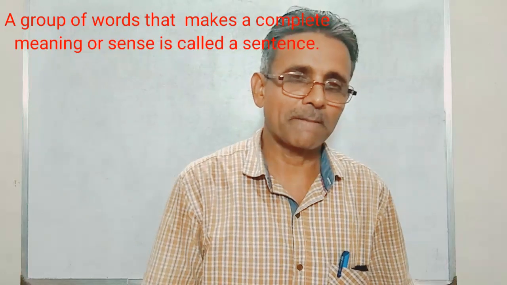These are examples for you to form a word. Then if we take some words together or in a group, we get a sentence. Shortly, a group of words that makes a complete meaning or sense is called a sentence.